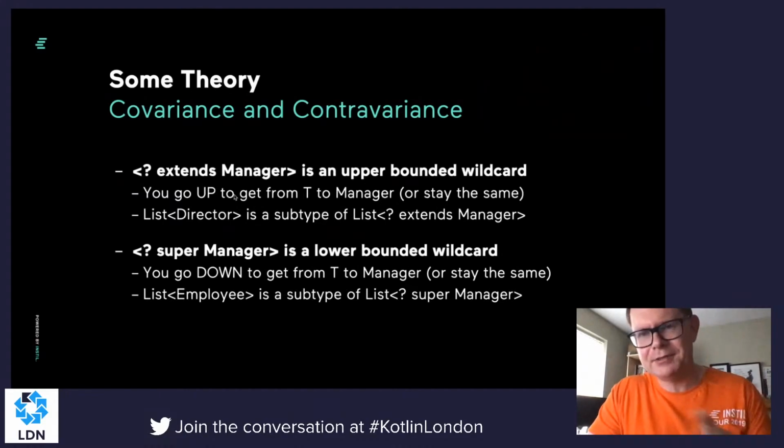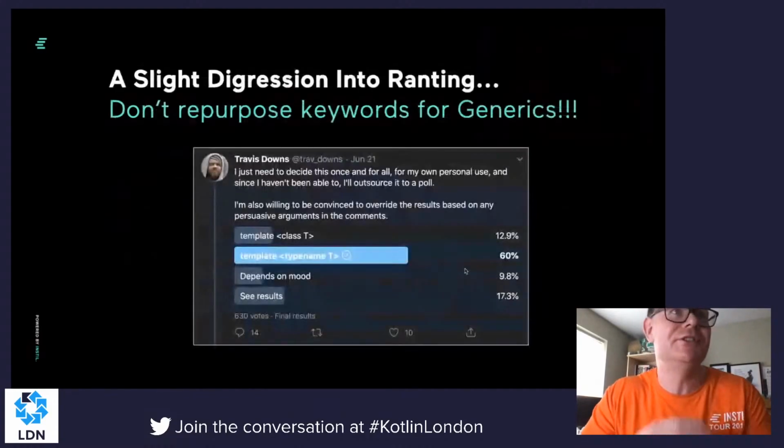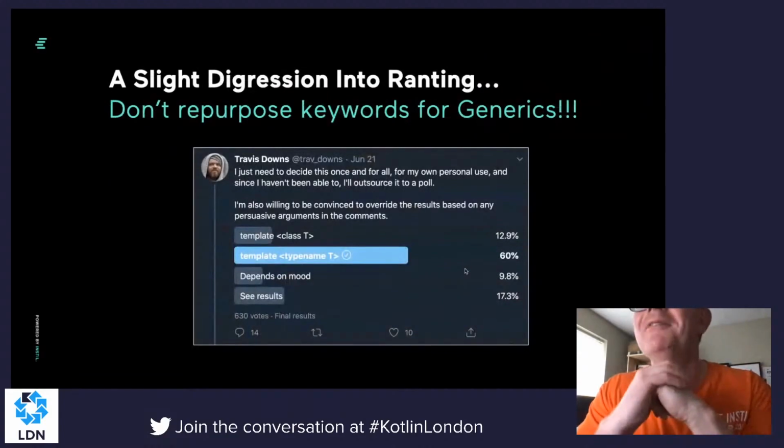While we're talking about this, as somebody who teaches people, the 'or stay the same' bit causes no end of confusion, okay? We do have language designers on the call. This is great, yeah? So please let me appeal to you, do not repurpose keywords, okay? No good ever comes of it, yeah?